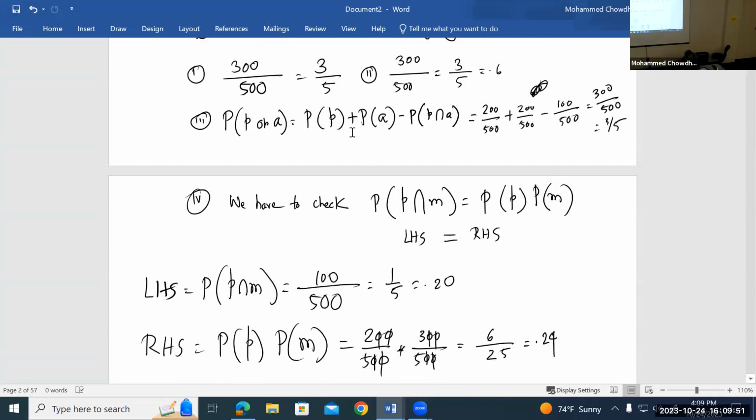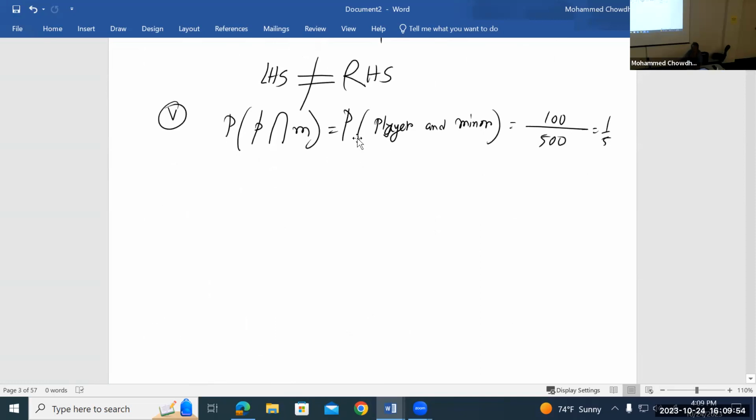Player and minor equal to 100. So now number 6 is called the conditional probability.